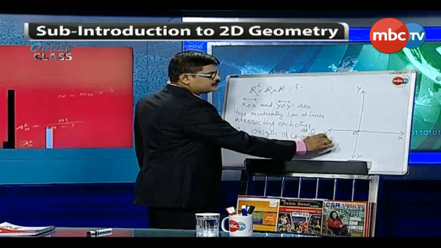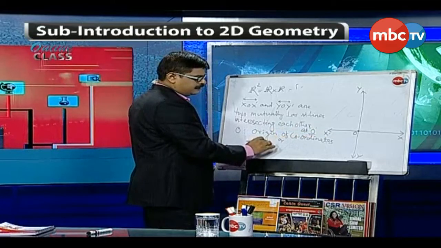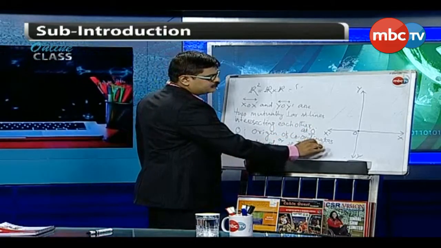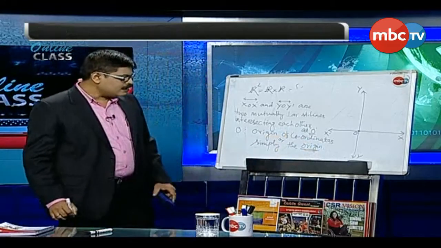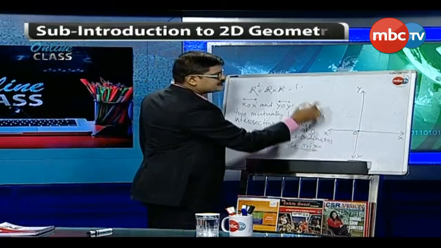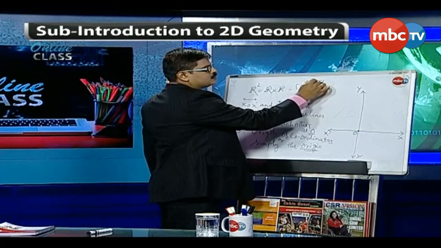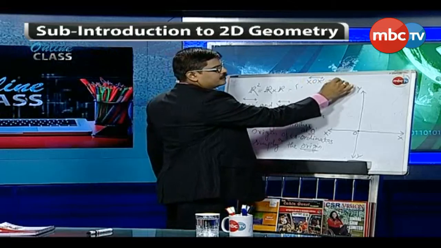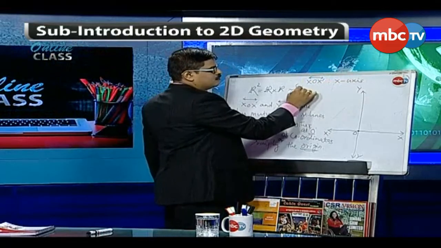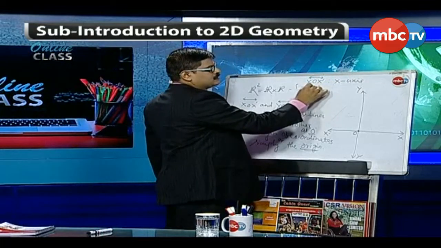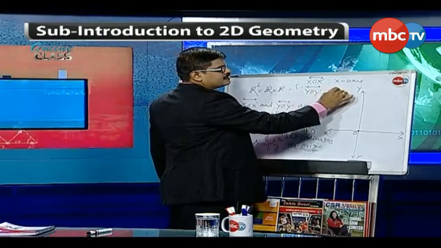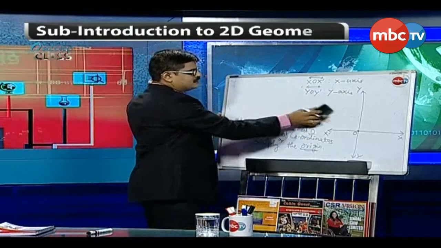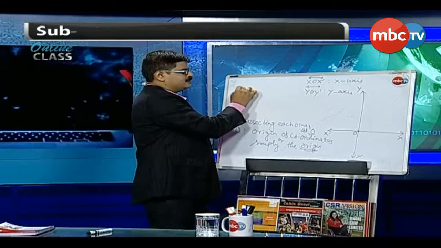We simply call it the origin. Now, this x o x dash we give a name: we call it the x axis, and y o y dash we call the y axis. Together we call them the x axis and y axis. They are both called the coordinate axes.